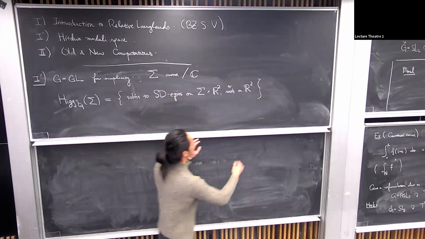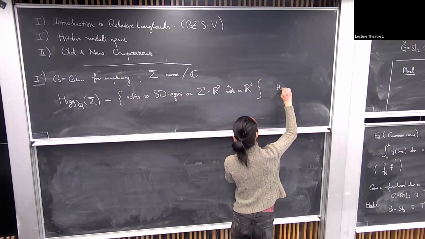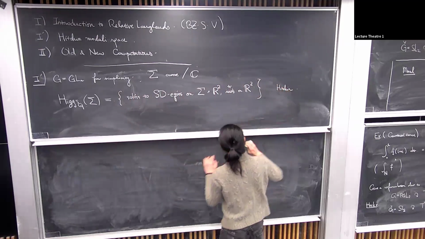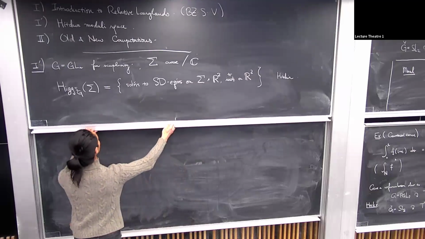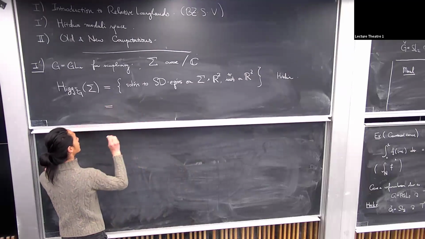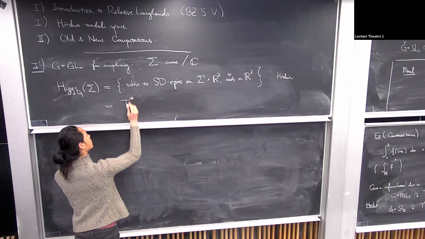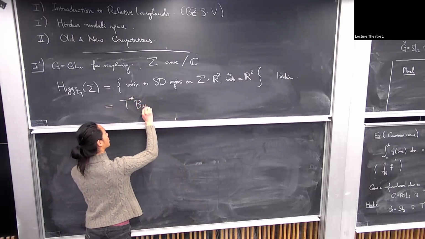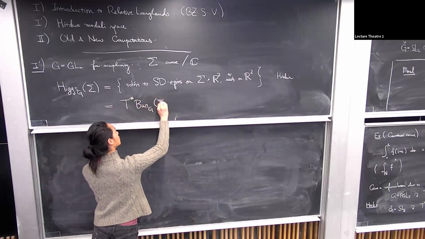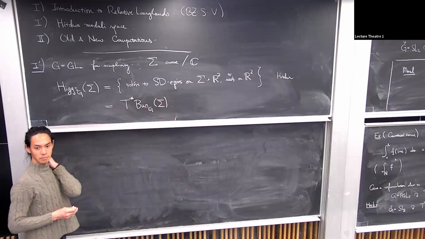So this definition is due to Hitchin. But it's also the cotangent bundle to the moduli stack of G bundles on the curve.